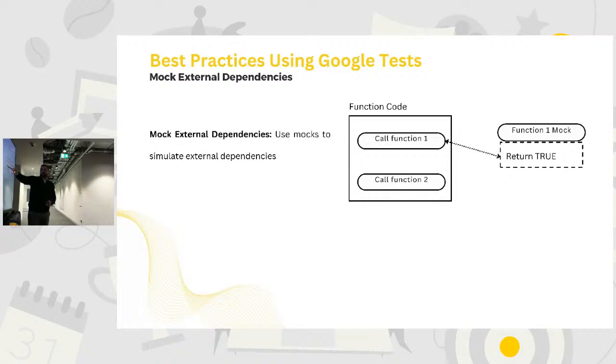I will mock it. What does mock mean? Replace the content of this function with something that I want to simulate. In this case, return true. But it could be return false or return some number. It allows us to manipulate the different function calls inside the same function and create a scenario specific to that situation.